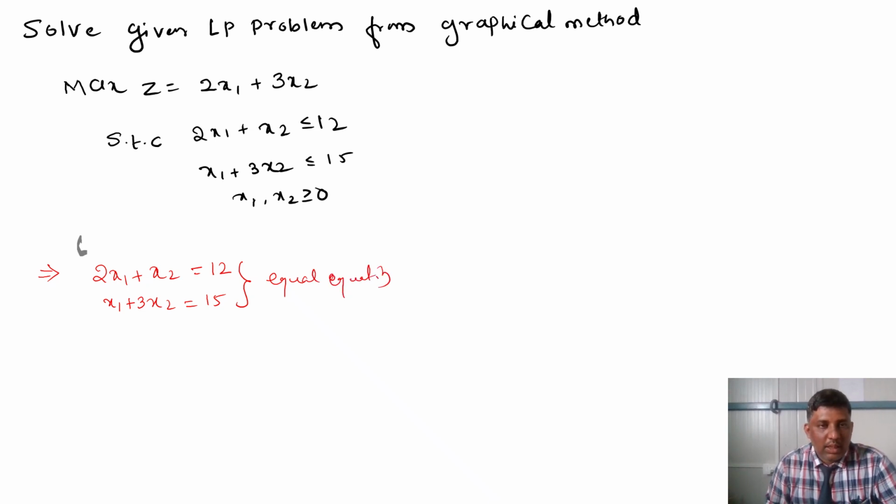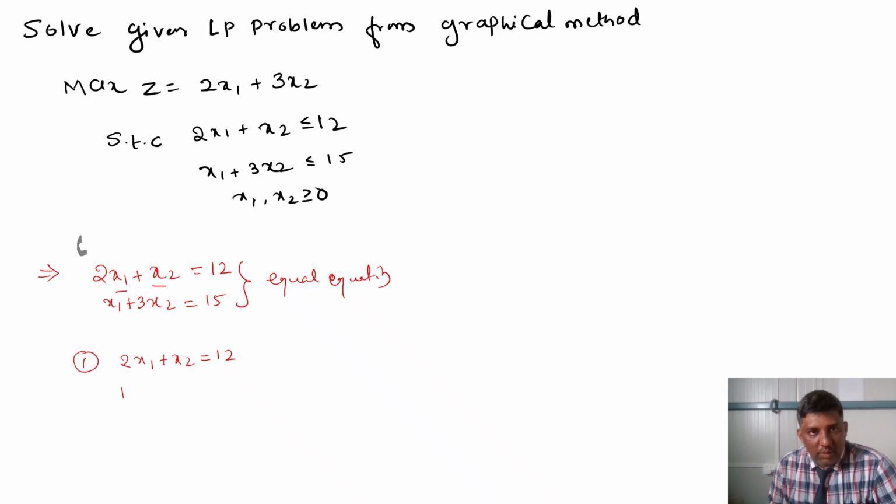That is done. Second step is what? We have to identify the coordinates of the graph. Here we have two decision variables, and we should know the values of x1 and x2 to draw the graph. So I will take the first equation, 2x1 plus x2 is equal to 12.